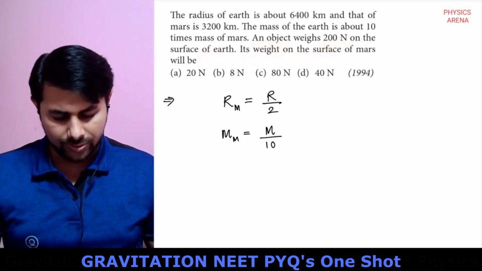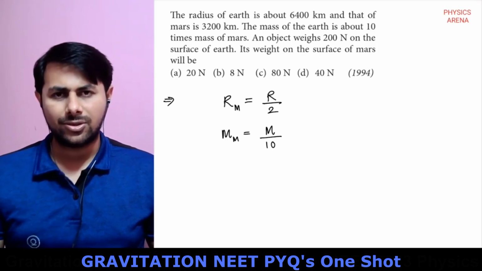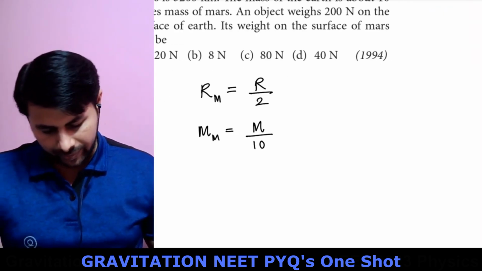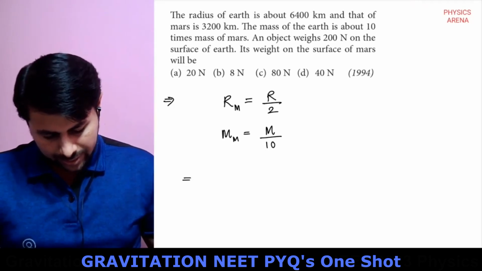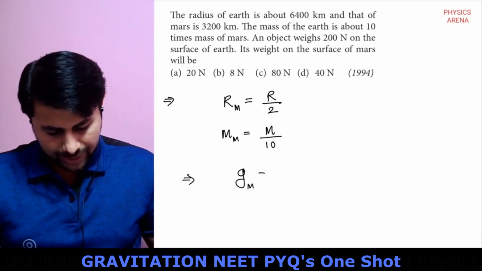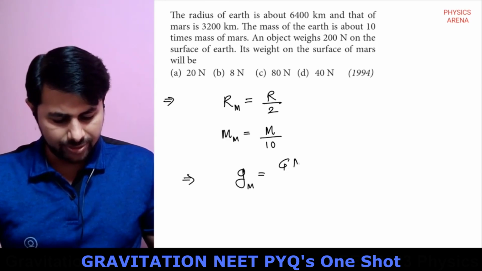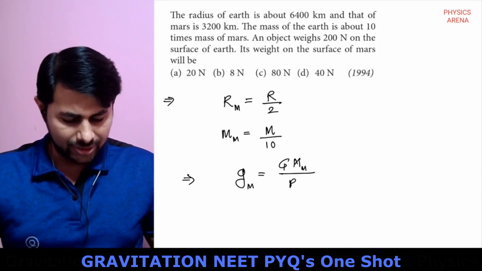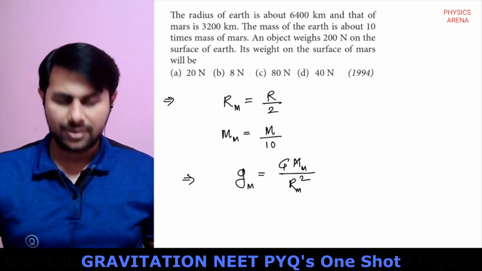So what we have to do? We have to find the acceleration due to gravity on the surface of Mars. So g on the Mars surface will be equal to G times the mass of Mars divided by the radius of Mars square.